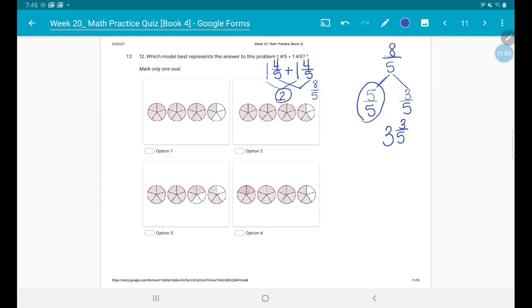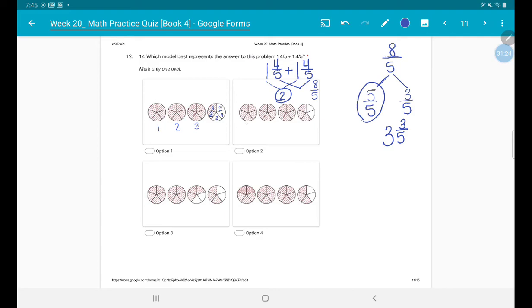So I'm looking for the option that shows 3 3/5. Option 1 has 1, 2, 3 wholes and 2 fifth size pieces. So that one's not going to be correct.